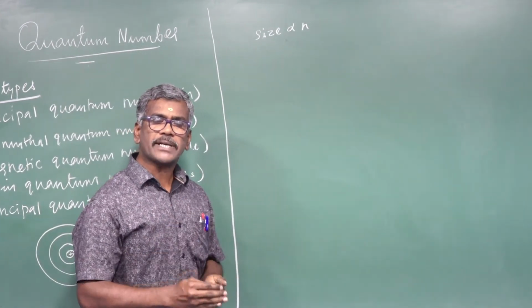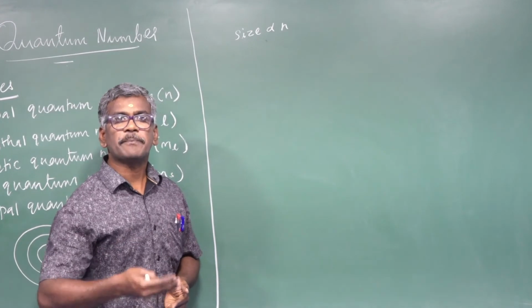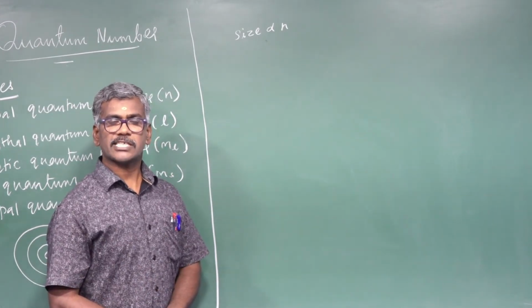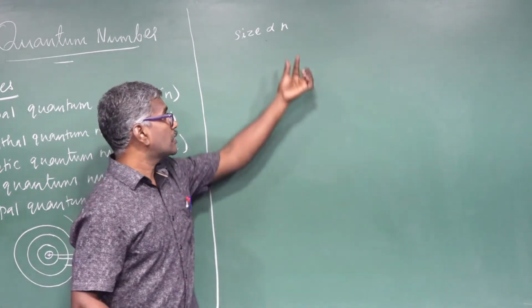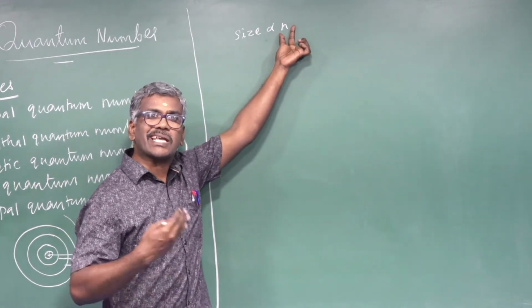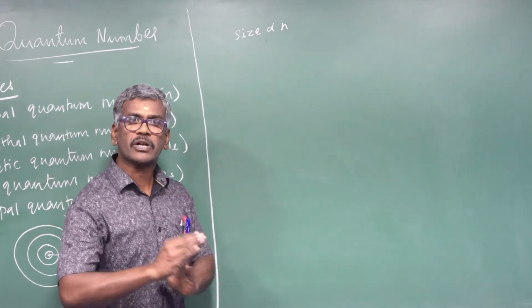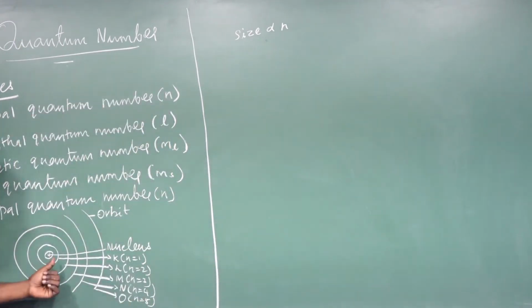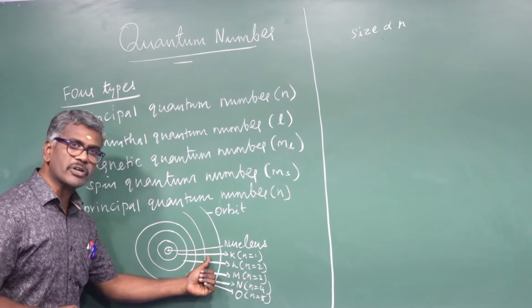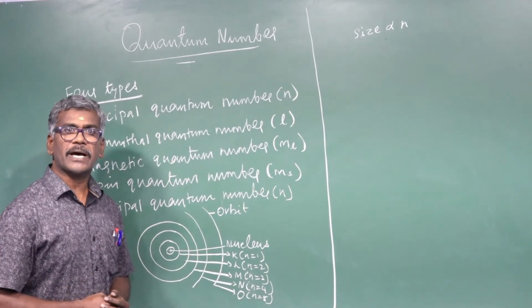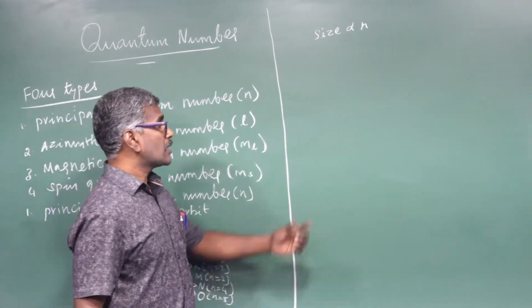If the size of the orbital increases, the principal quantum number increases. This is point number 1. Point number 2: for a greater n value, the electron will be located far away from the nucleus.